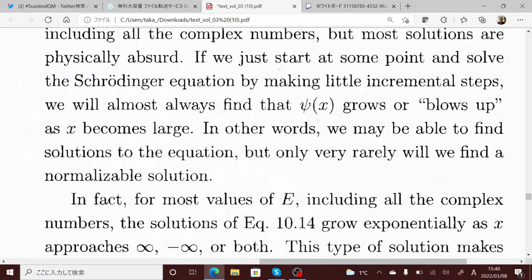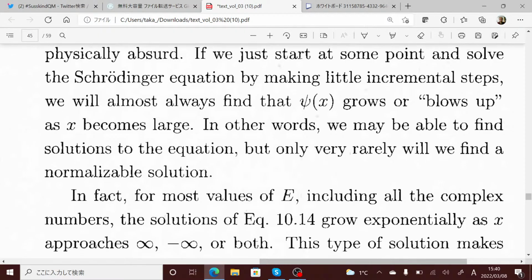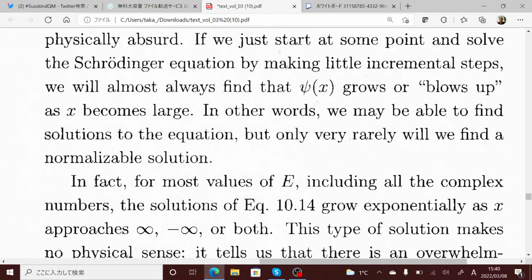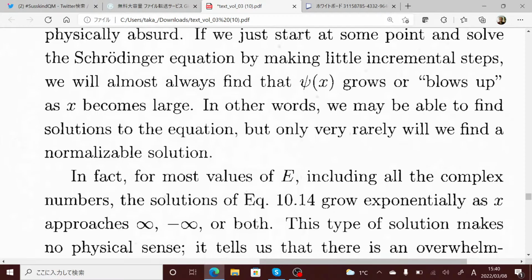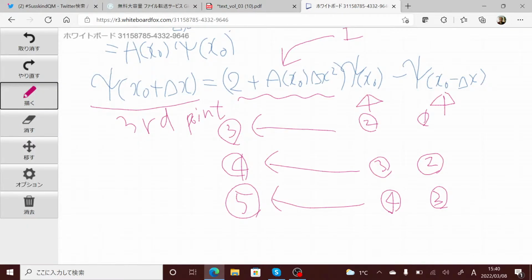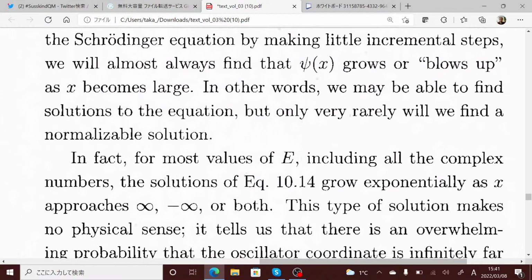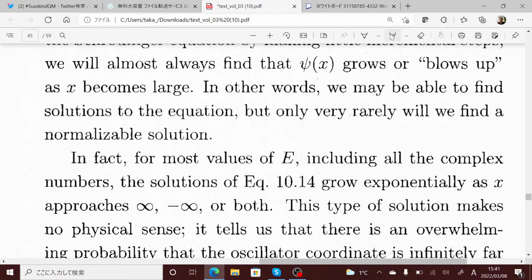If we just start at some point, we actually need 2 points, and solve the Schrödinger equation by making a little incremental step. That's what I did here. We make little incremental steps. We will always find a solution, this is okay.